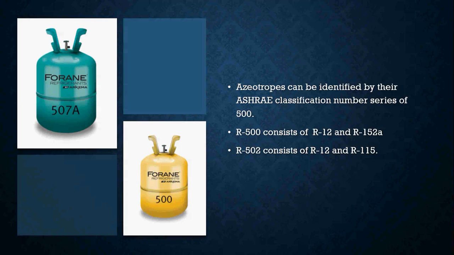So azeotropes are identified by their ASHRAE identification number series of 500. The R500 consists of R12 and R152A. R502 consists of R12 and R115.